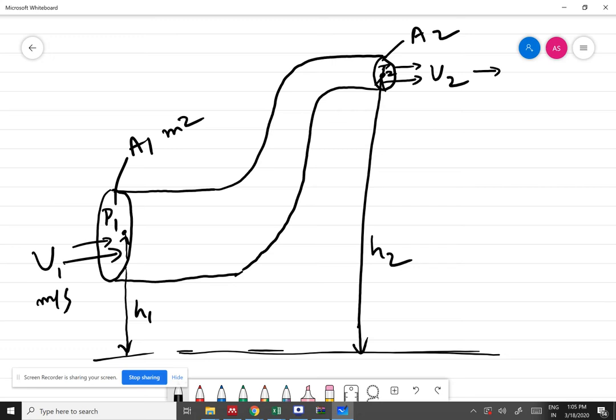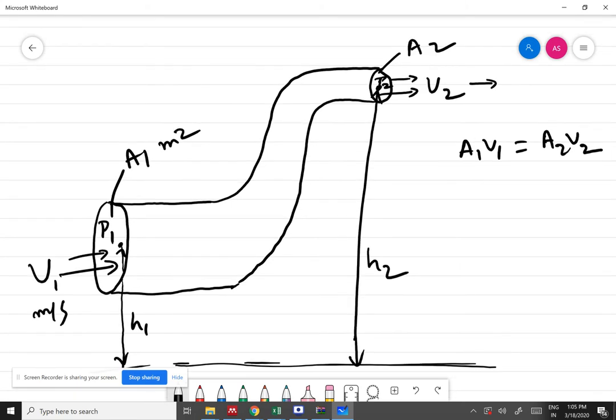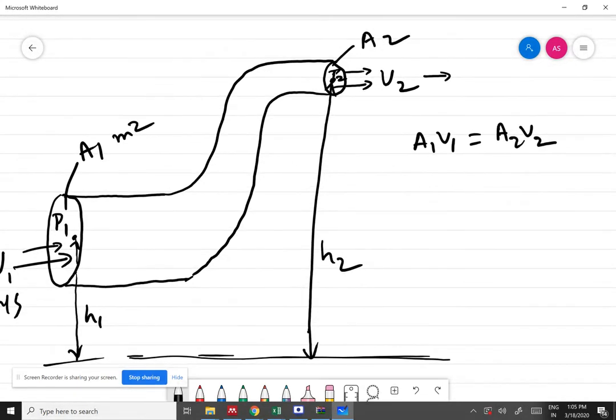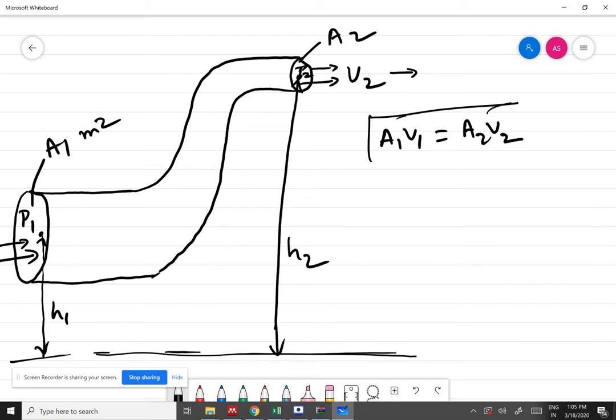The volume which enters per second is A1 V1, in cubic meters per second, and this has to be equal to A2 V2. V1 and V2 are velocities. A1 V1 is the volume inflow per second and A2 V2 is the volume outflow per second. So volume inflow should be equal to volume outflow. This is called the continuity equation.